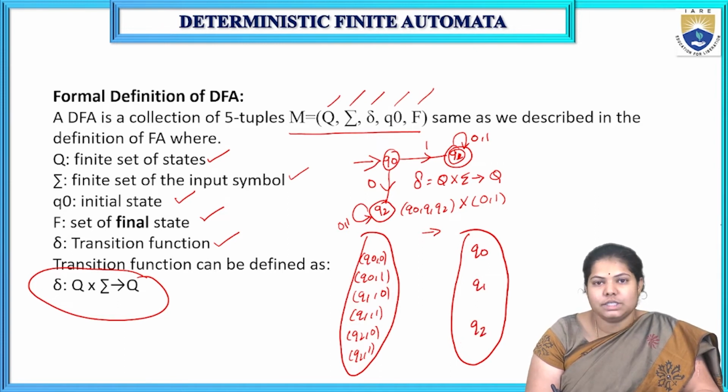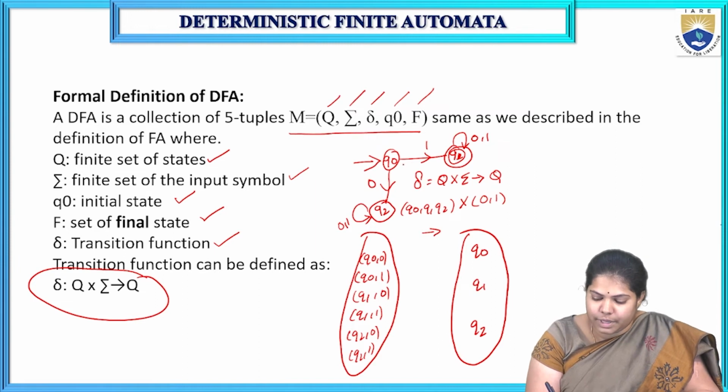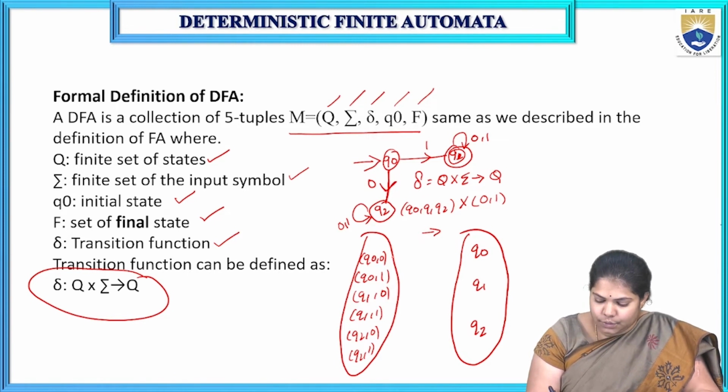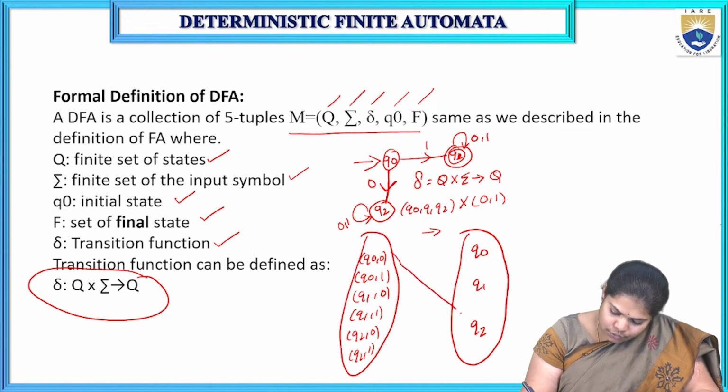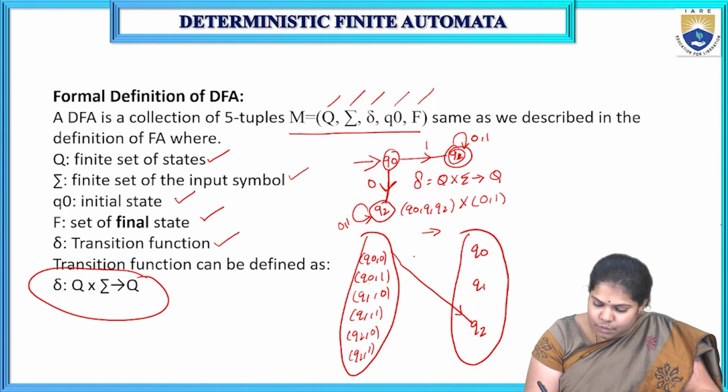So Q0 on 0, where is it moving? Based on the diagram, Q0 on 0 is moving to Q2. Q0 on 1, where is it moving? To Q1.